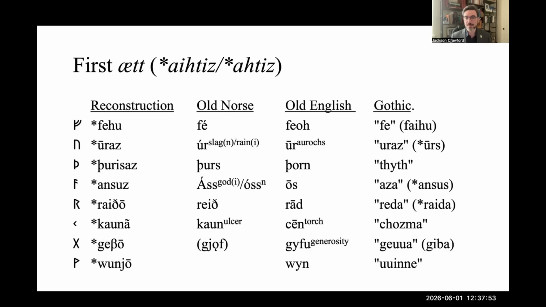What we have is around 800, Alcuin, an English scholar at Charlemagne's court, wrote down what he said were the names of the letters of the Gothic alphabet. The Gothic alphabet appears, I think, definitely to have influence from runes. People argue about this though, but it's not exactly the runic alphabet.